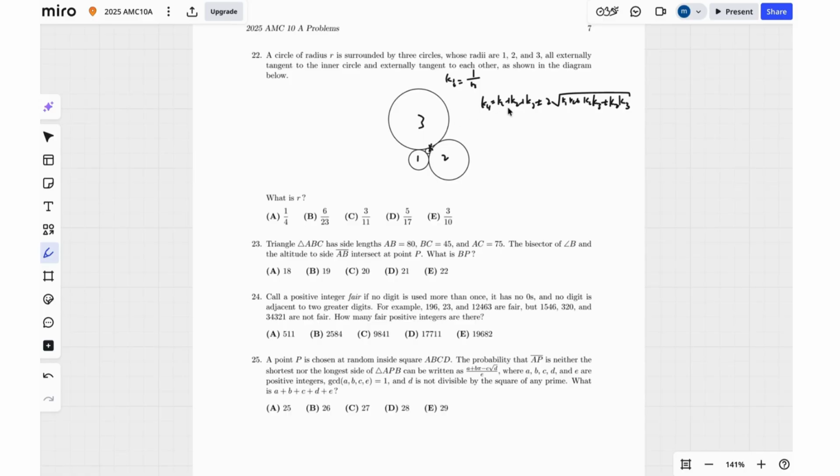And the reason it's plus minus is because the other possibility for the circle is this one. So now we can solve for K4.